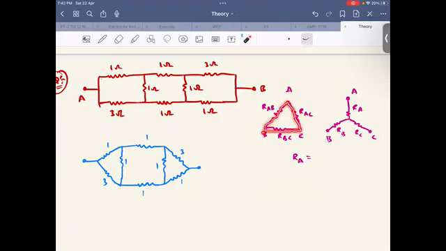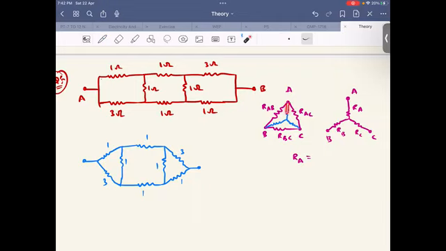These resistors can be rearranged in this manner. I'm showing it in a different color so that you'll understand: the pink one we are going to convert into the blue one.